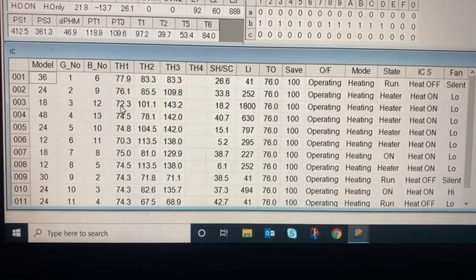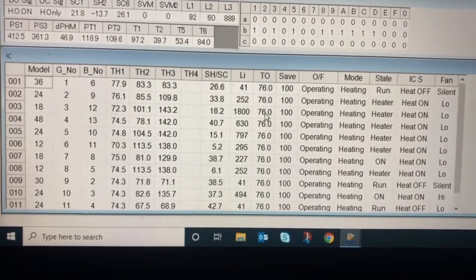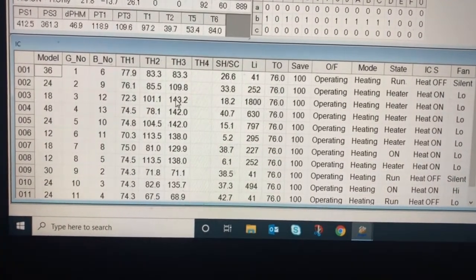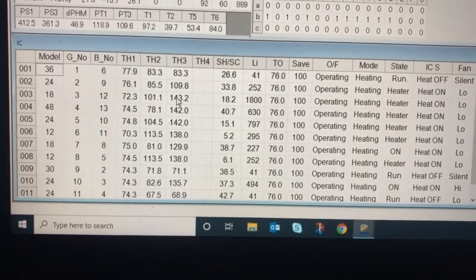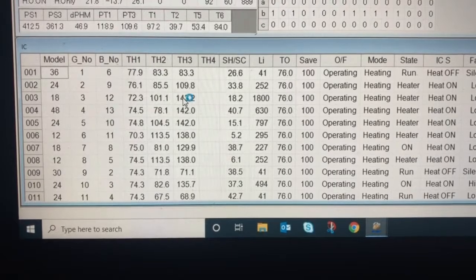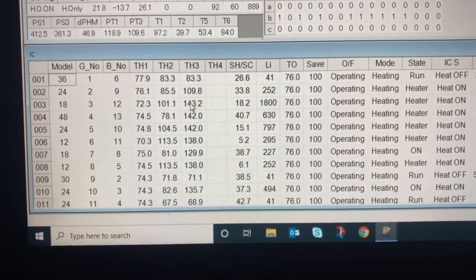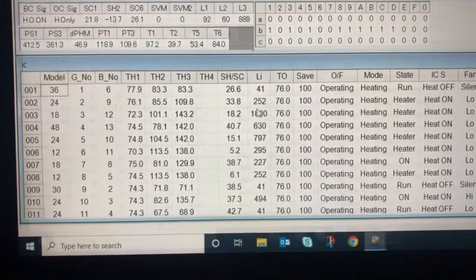Here the indoor temperature is 72 and it's set for 76. You see that temperature is at 143, so it's putting out some good hot heat right now. You know it's heating because the monitoring is telling you that it's heating, even without going into the space. I can get even more in detail.